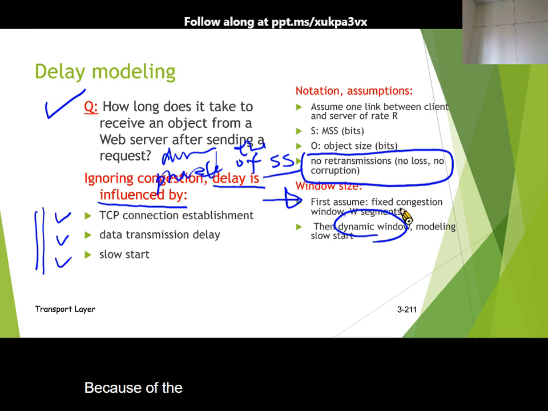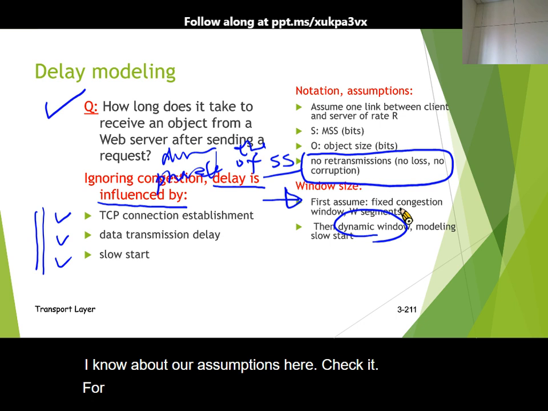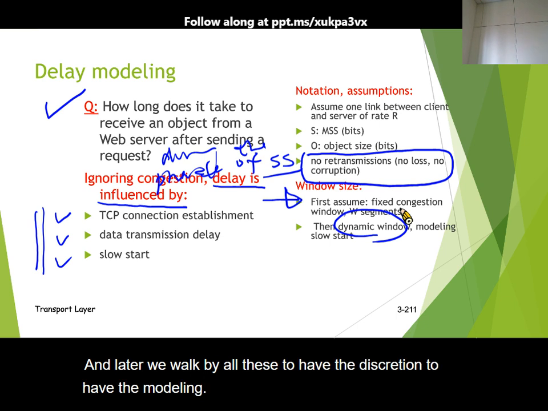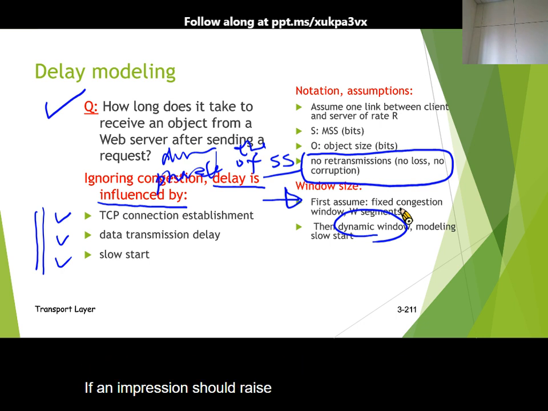Up to now, those are our assumptions here. Check it for 1 minute, and later we will apply all this to have the description and the modeling. If you have any questions, raise your hand to let me know, so that I can re-explain for you.